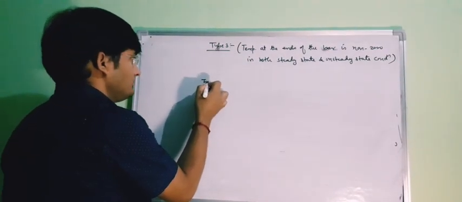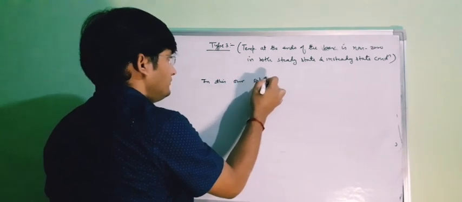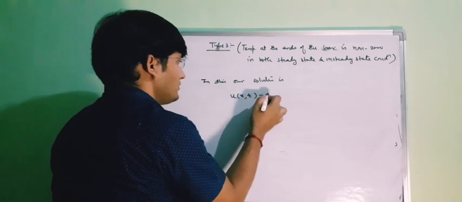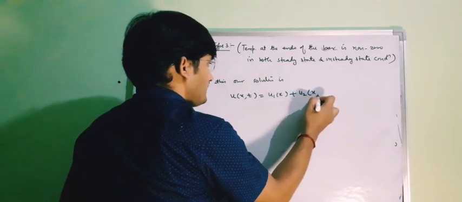in this case, our solution will be u(x,t) equal to u1(x) plus u2(x,t).